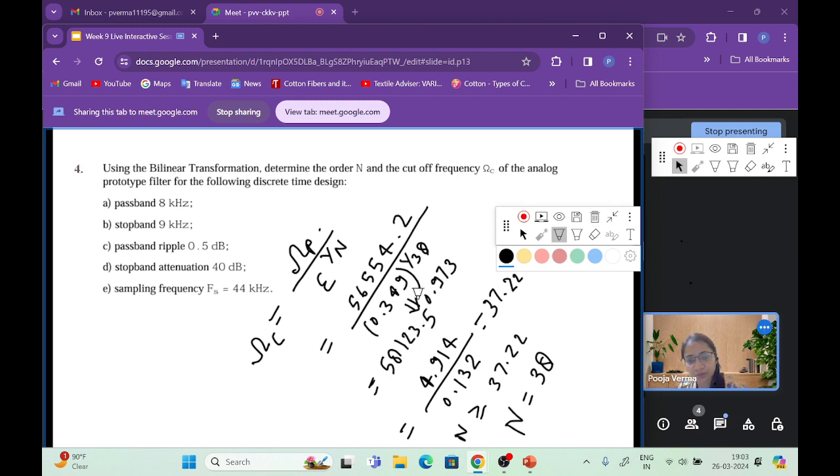Okay, only this value you will get, 0.973, and after dividing with this you will get 58,123. That is, the cutoff frequency is 58,123.5 hertz. Okay, so I hope all of you understand this question. Can we move to the next question?